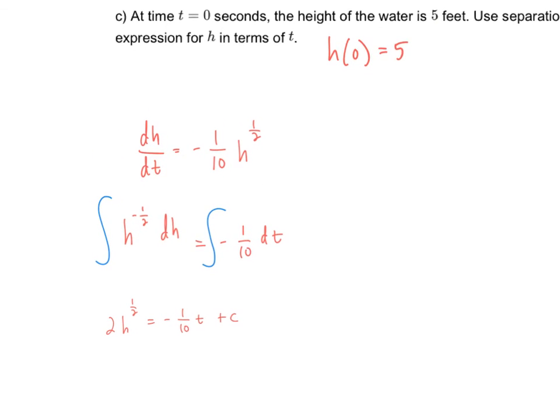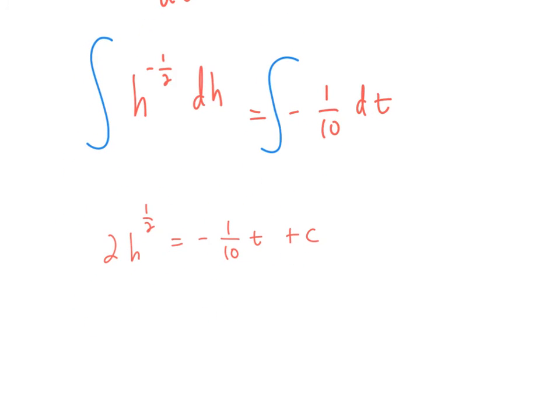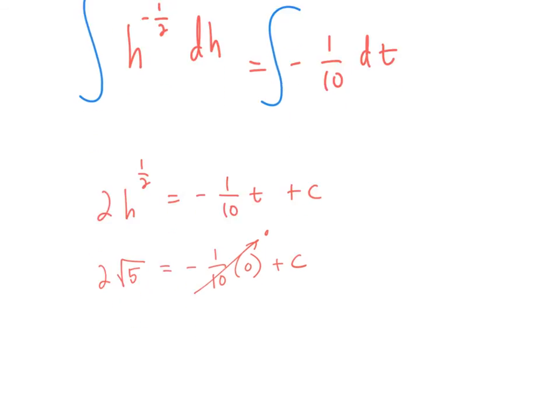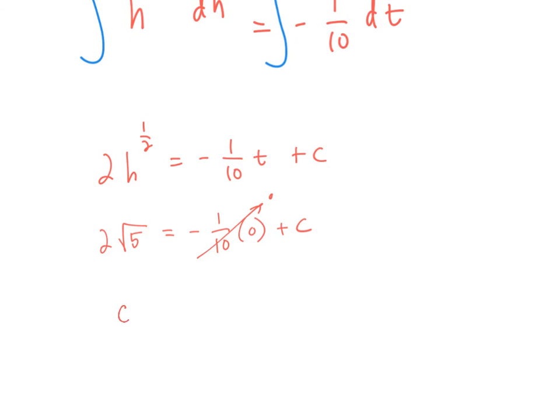To find c, we plug in our initial condition, t is 0 when h is 5. I'll turn this back into a square root. This just goes to 0, so c equals 2√5. We can plug this back in.